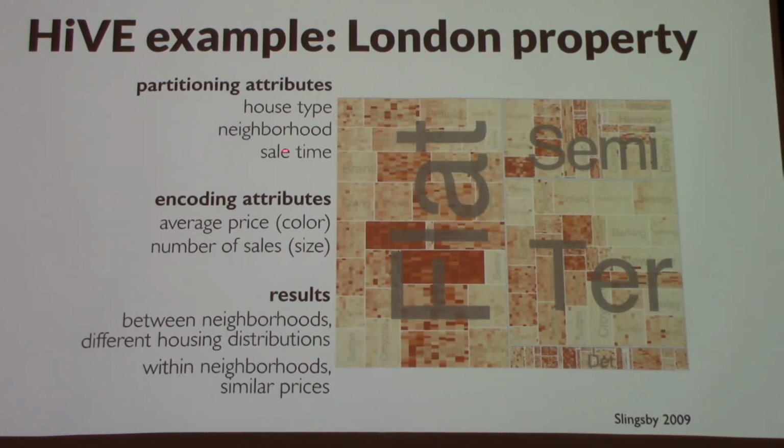Then the next level is neighborhood, so you can see this is Brent, this is Ealing, and so on. Of course, Brent will occur again over here because the top level division is based on house type. And then the order within is defined by sale type. The visual encoding attributes here are the average price in color and the number of sales in size.